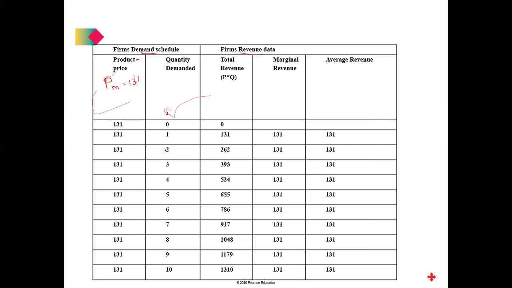When the quantity demanded is 2, the price is 131, so we multiply quantity demanded with price, and we get a total revenue of 262. When quantity demanded is 3, the price is 131, so we multiply price with quantity demanded to get a total revenue of 393, and so on.